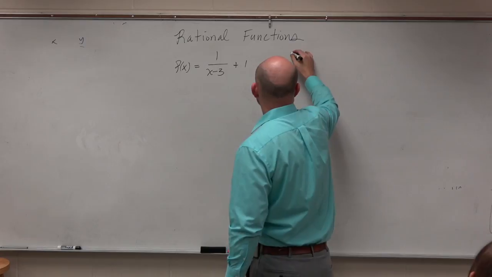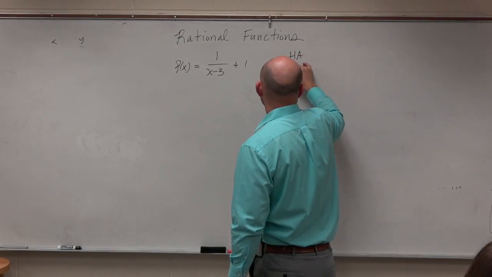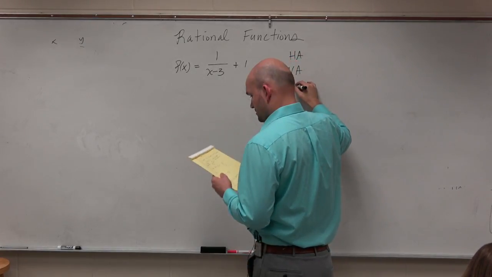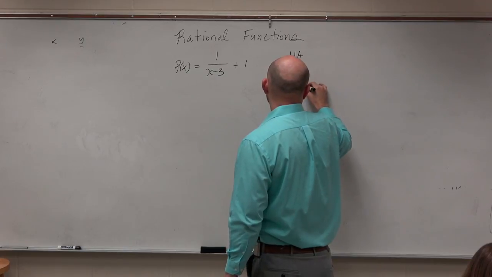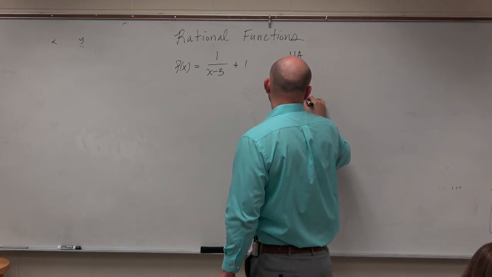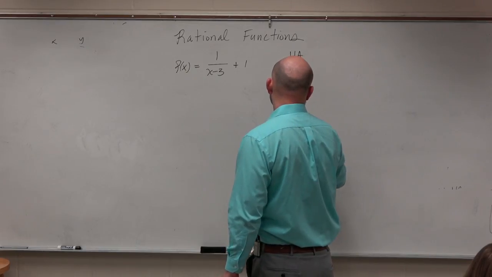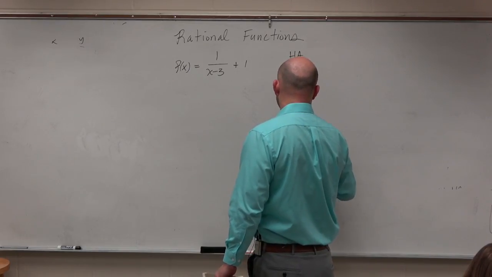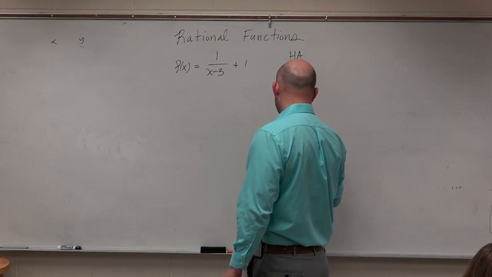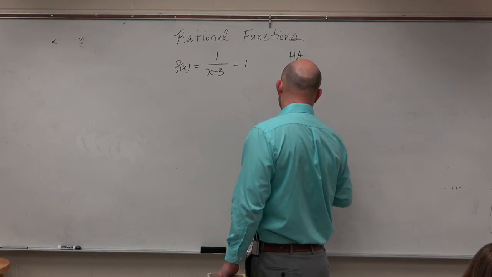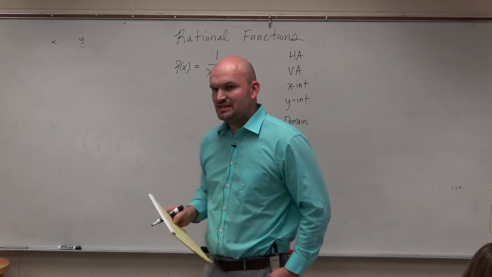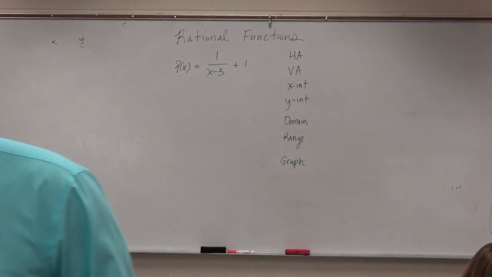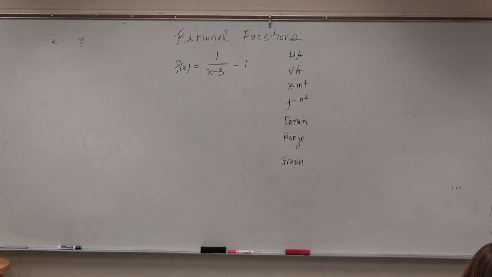Find the horizontal asymptote, vertical asymptote, x-intercept, y-intercept, domain, the range, and if you can, sketch a graph. Just give it a shot and see where you are with this.